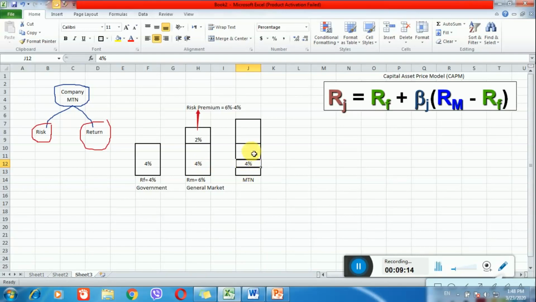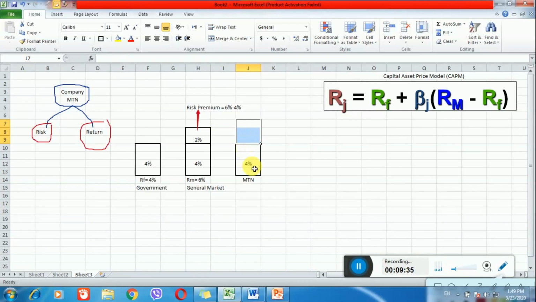But MTN is telling you we are giving you a risk premium higher than the general market. Why? Because this individual company says the risk is even higher. How much higher? 50%.